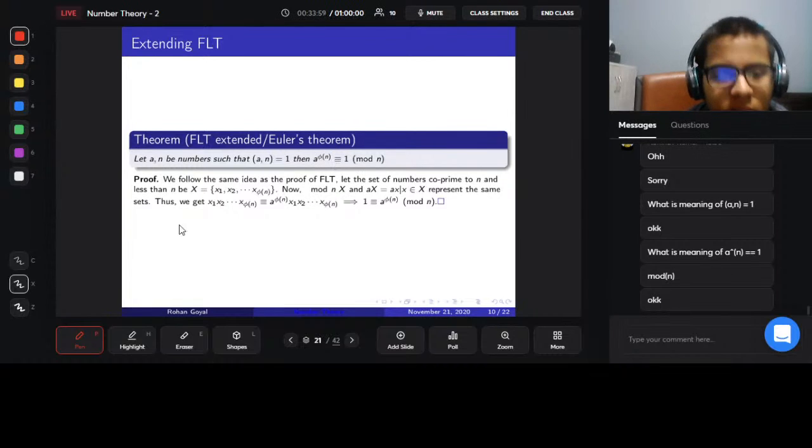Try to look at the set. For example, I'll take the number 12. What's the set of numbers which are less than it and are co-prime to it? So 1, 5, 7, and 11. Observe that phi of 12 equals 4.